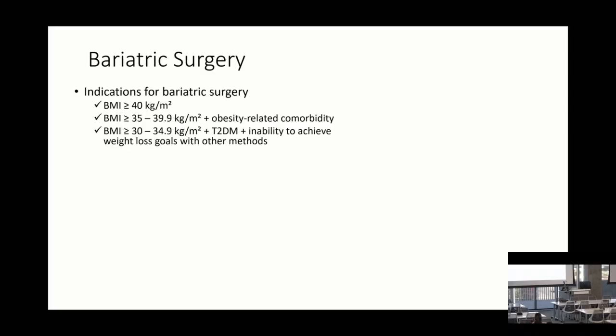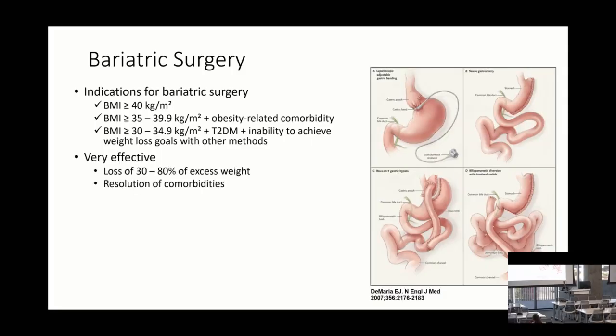And then surgery, bariatric surgery is a big area. It's very effective for weight loss. These are the indications. You don't need to know the indications. Just know that it's effective. It can lead to loss of 30 to 80% of excess weight, and lead to resolution of comorbidities like hyperlipidemia, hypertension, even some resolution of diabetes, or pre-diabetes can resolve with post-bariatric surgery.